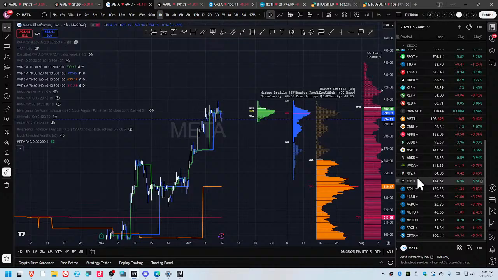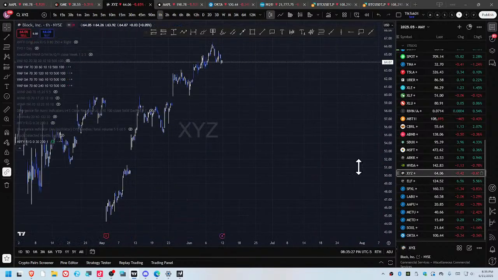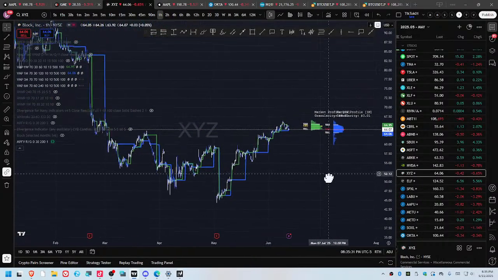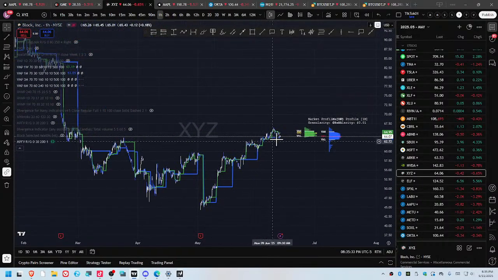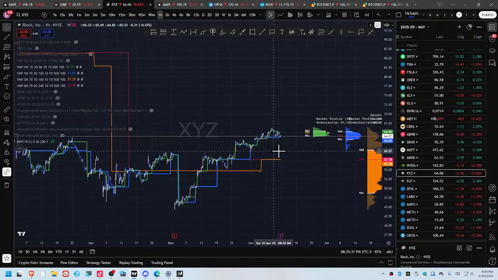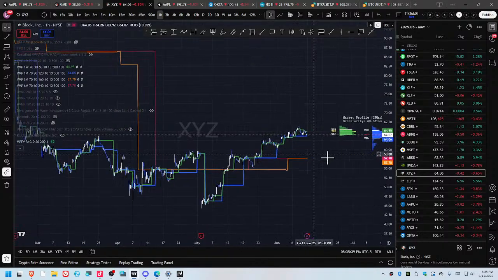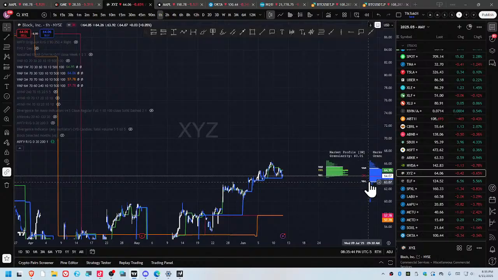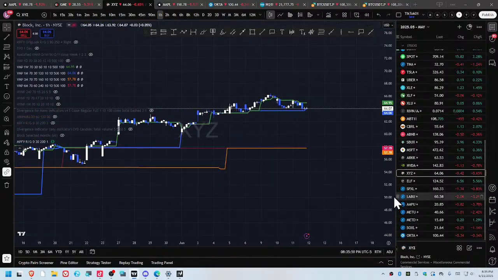And was it XYZ? Yeah, so for Block, it's above this point of control, which is the monthly. We are like 33% of the way in. So as long as we can hold above that level, I do like it for a move.